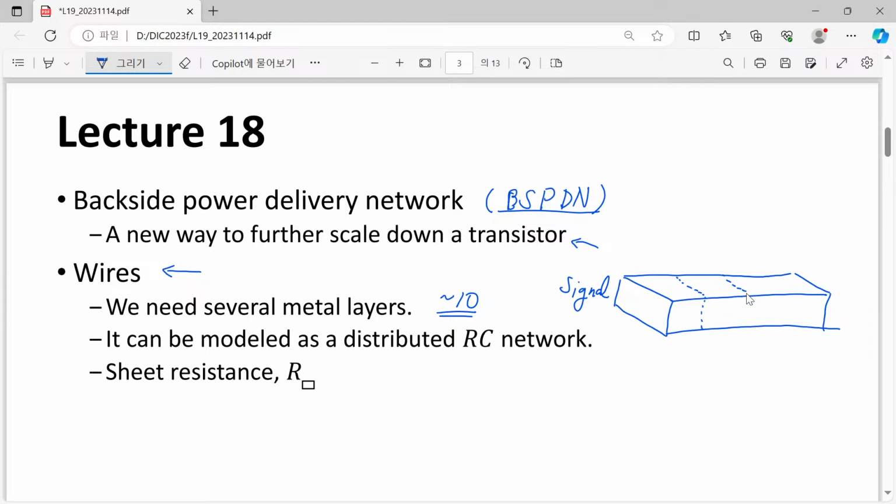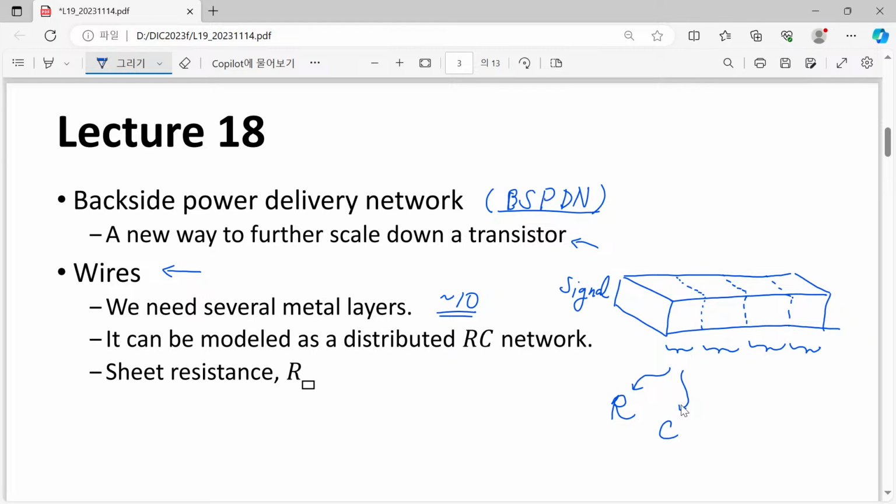How many? Infinitely large in the ideal case. Then we can think about the infinitesimal length scale for each segment, and each segment can be represented with its resistance component and capacitance component.